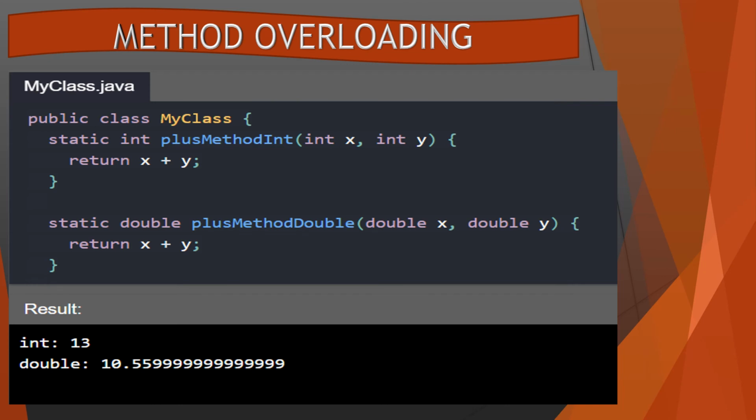And what is method overloading? With method overloading, multiple methods can have the same name with different parameters. Consider this example which has two methods that add numbers of different types.